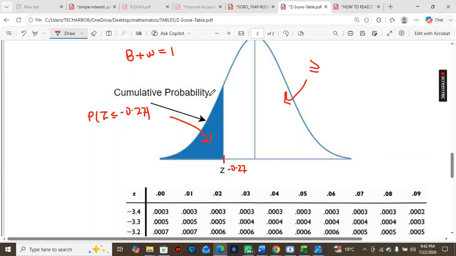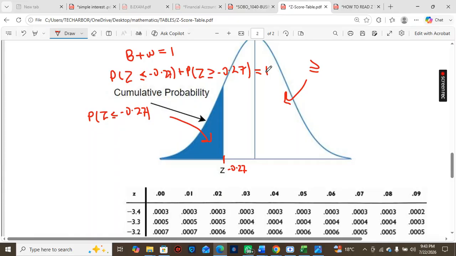The area in blue, which is the probability that Z is less than or equal to negative 0.27, plus the area in white, which is Z greater than or equal to negative 0.27, should give us 1 when we add these probabilities.